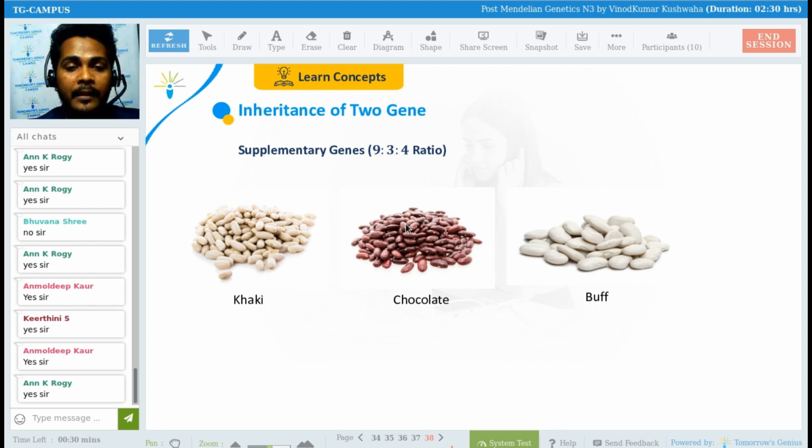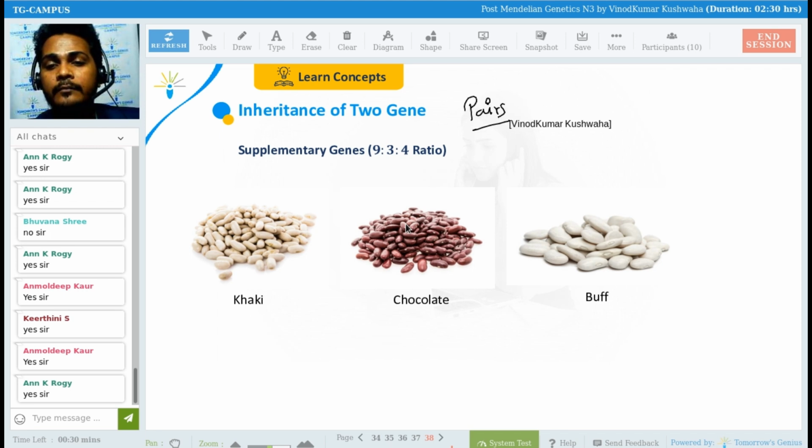That means simply, in the supplementary gene, suppose there are two genes, okay, present as a pair. So pair, as I said, means two, right? Just consider A and B. One is going to produce its effect, one is not going to produce its effect, but it is waiting for the other to produce its effect.